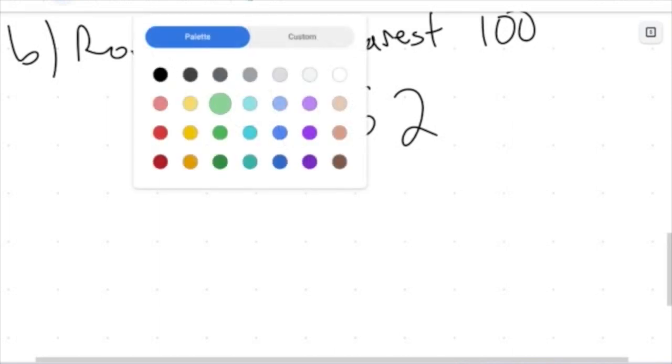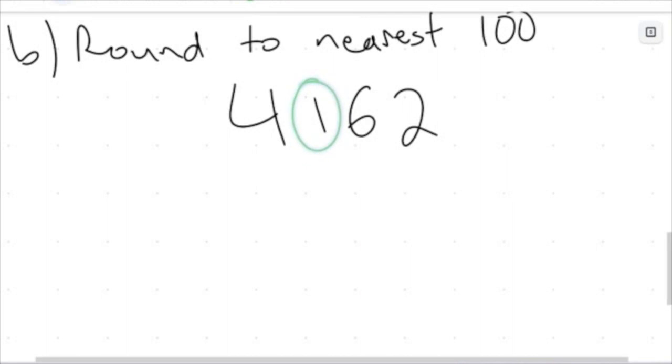Now that's going to be this one here. I want to look at the next digit to that. And that here is a 6. Now in this case, 6 is greater than or equal to 5. So we're going to round up here.